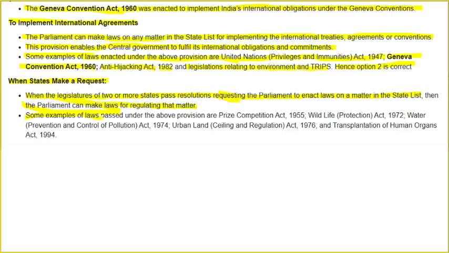Some examples of laws passed under the above provision are Prize Competition Act 1955, Wildlife Protection Act 1972, Water Prevention and Control of Pollution Act 1974, Urban Land Ceiling and Regulation Act 1976, Transplantation of Human Organs Act 1994.